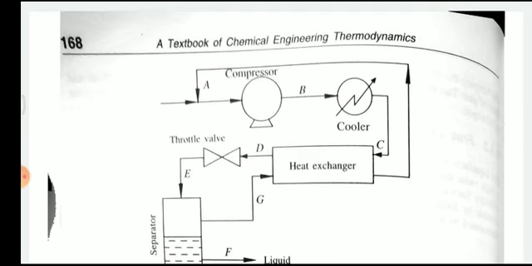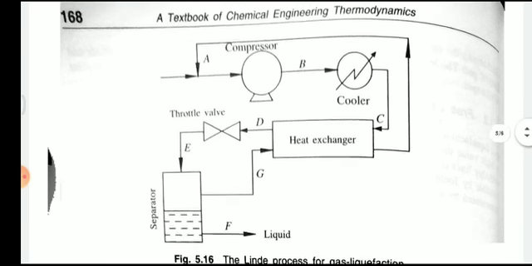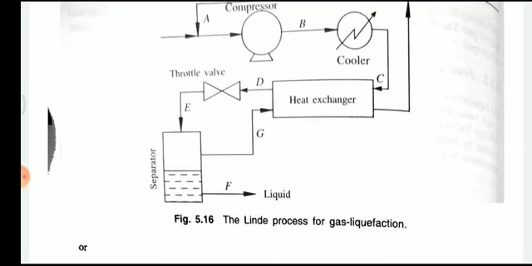First, fresh air is sent to the compressor, and then it is compressed. Then it is sent to the cooler, and after the cooler the heat exchanger process is achieved by the change in temperature of the liquid. Then it is sent to the throttle valve, which again sends it to the separator, where liquid and gases are removed.